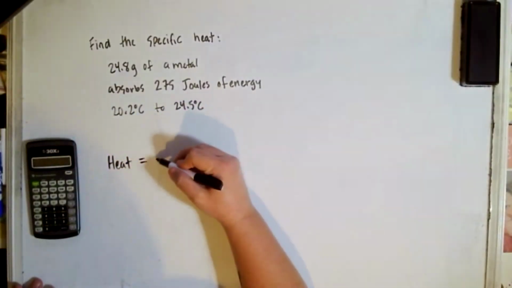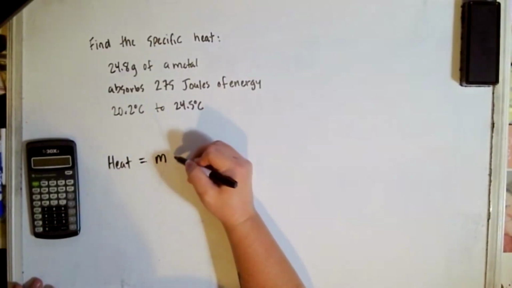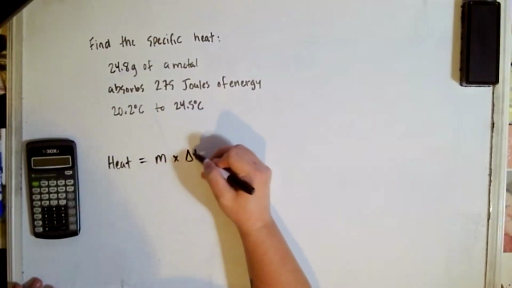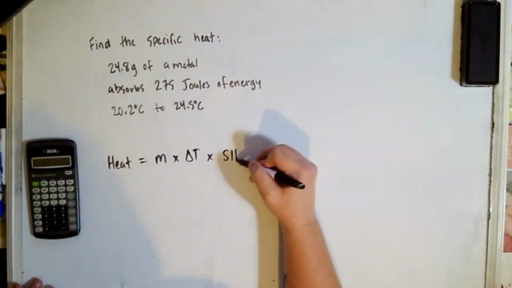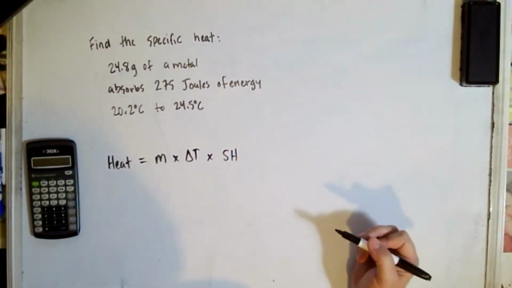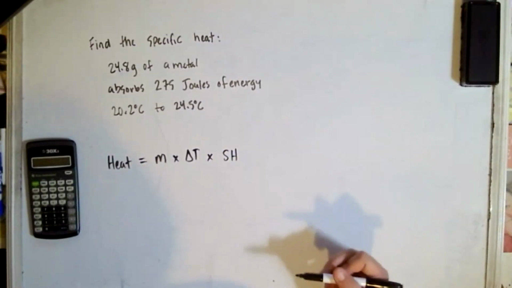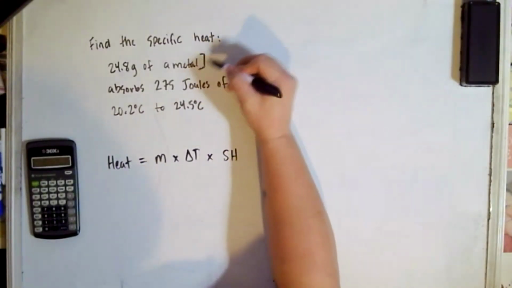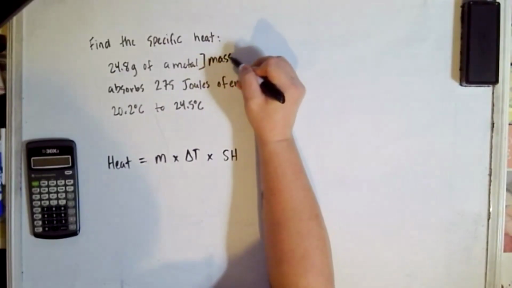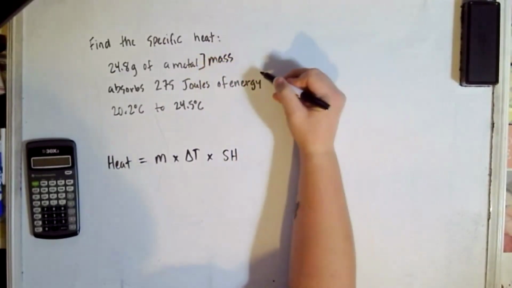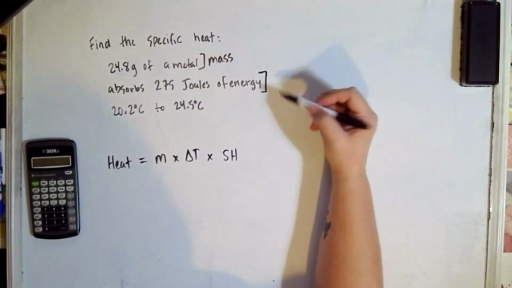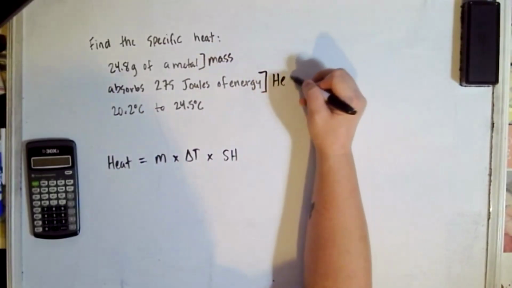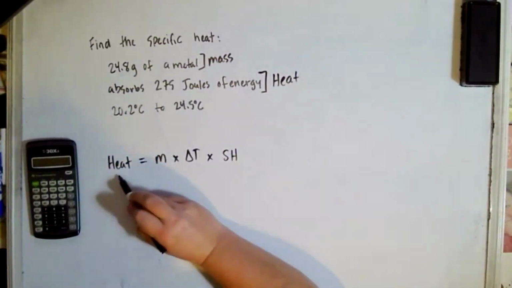So heat equals M for mass times delta T for temperature change times specific heat. So in the information that they gave us, this is our mass. That's our M value. When they told us that it absorbs 275 joules of energy, this is our heat. They gave us the heat.